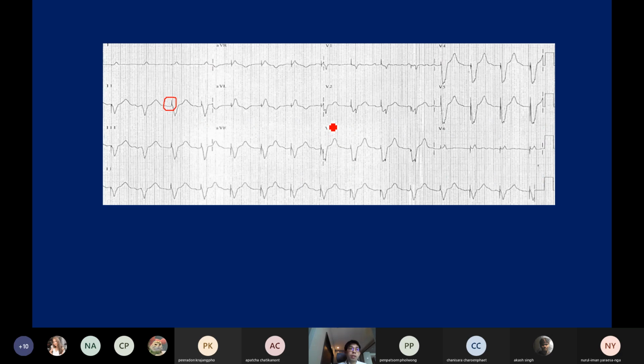If the atrium is sensed, it should inhibit the pacing. Is that correct? So in this ECG, there is a P wave here and here.